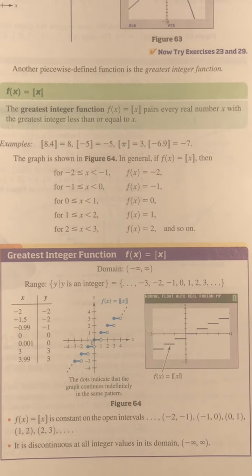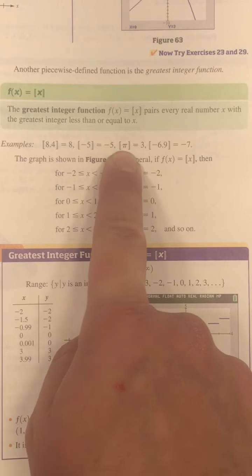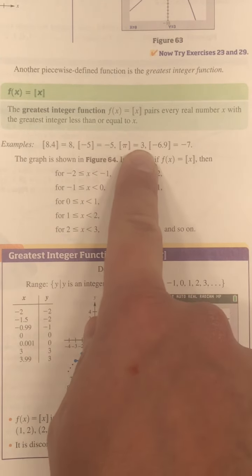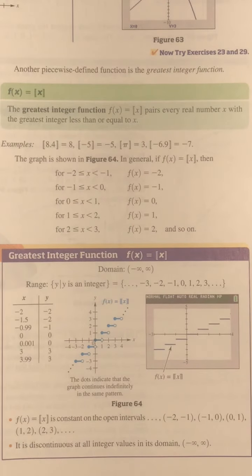So for example, if you take a look at pi in the greatest integer function, it's going to pick the greatest integer less than that value. So pi run through the greatest integer function is just 3. I do not suggest using 3 as an approximation for pi, but if that were the input into the greatest integer function.